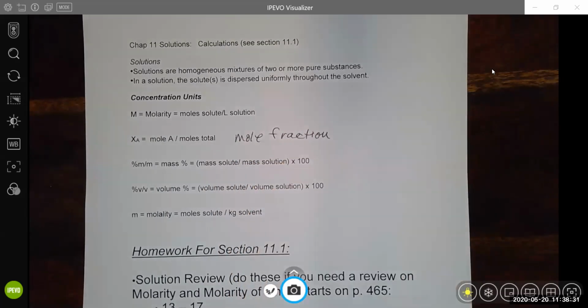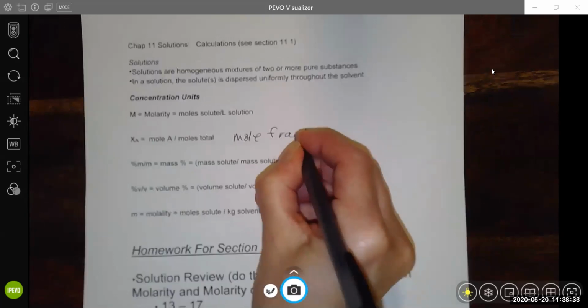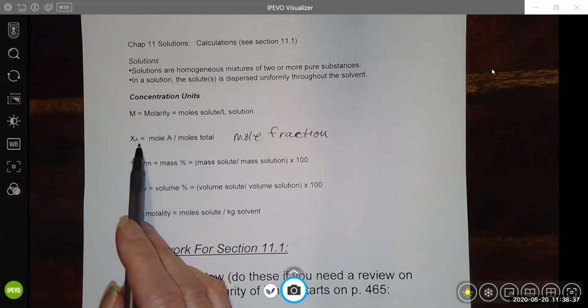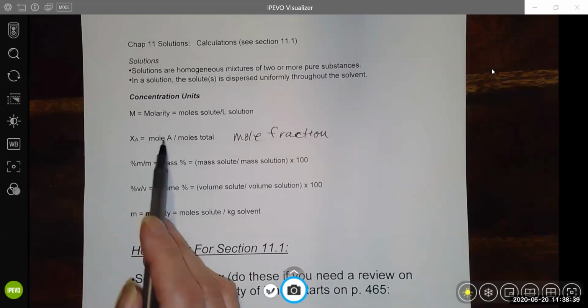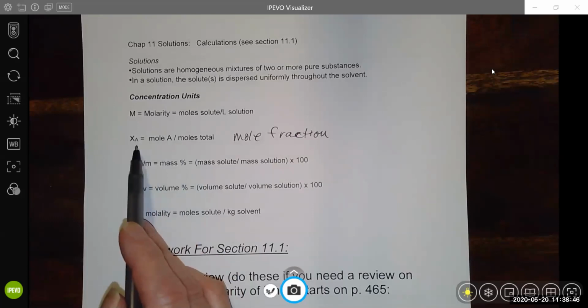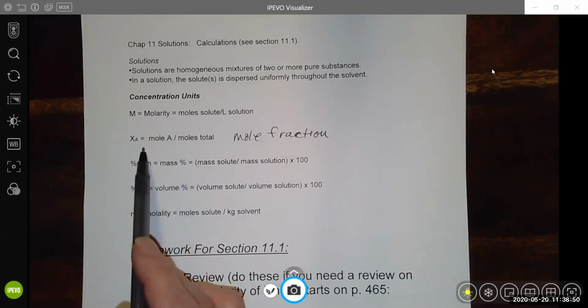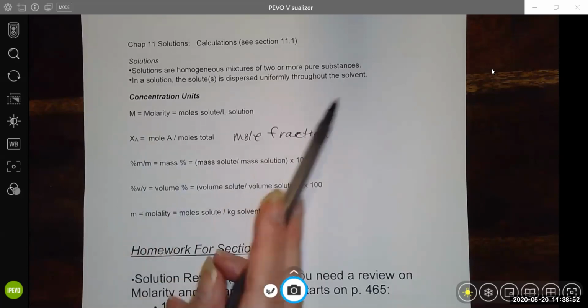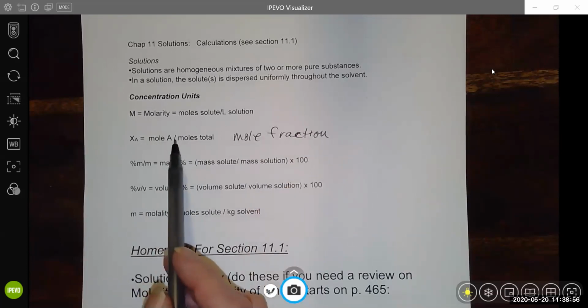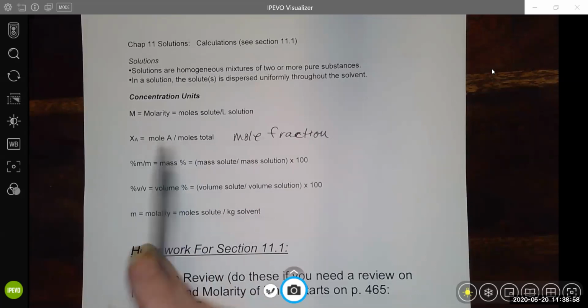We learned in the gas laws chapter 5 that the mole fraction of A is the moles of A over the moles total, where A is one of the components of the solution. If A is a solute, then this is considered a concentration unit. You could actually have the mole fraction of the solvent as well. It doesn't matter here. In this case, A is just any one component of the solution.